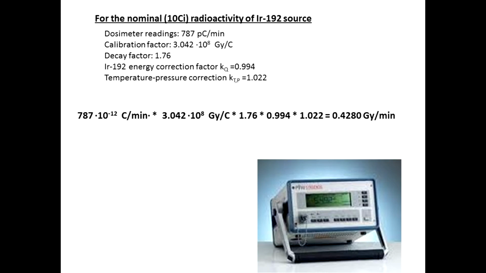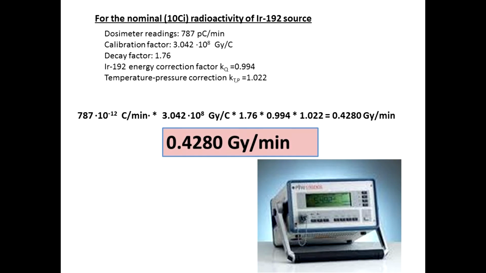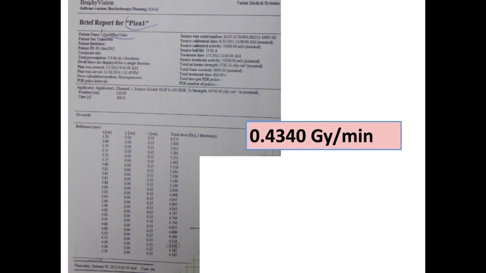So we multiply electrometer readings with the chamber calibration factor, beam quality, decay factor, and temperature and pressure correction factors, and the result is 0.428 gray per minute. The treatment planning system BrachyVision version 10 gives a value for this distance of 0.434 gray per minute.